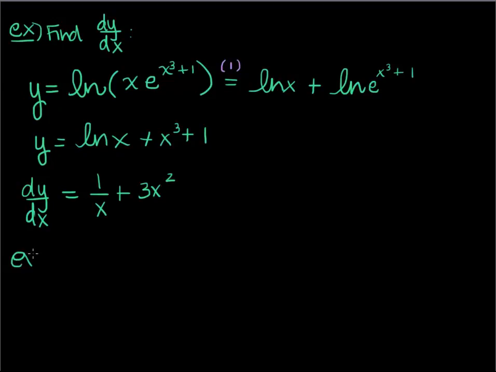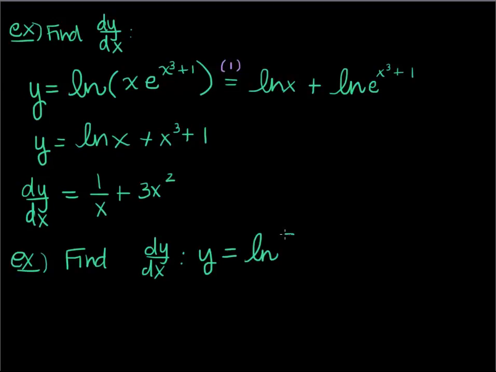So let's look at another one because those are kind of fun. Let's again find the first derivative, dy dx. I'm going to grab one out of your book here. I think this is one on your suggested. This is number 35.